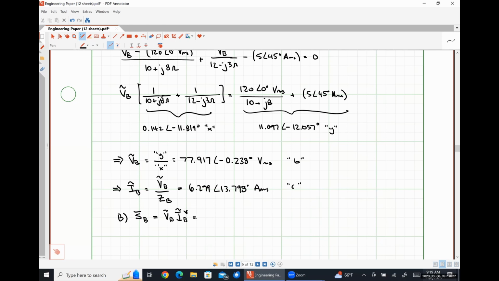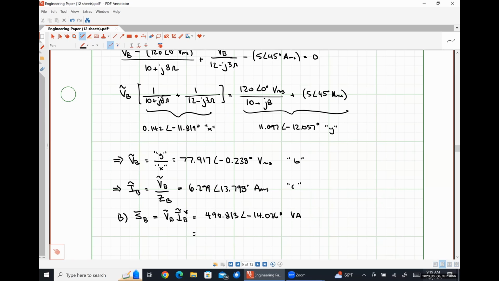So that's going to look like B times the conjugate of C, which I get to be 490.813 with an angle of negative 14.036 volt amperes in polar form.